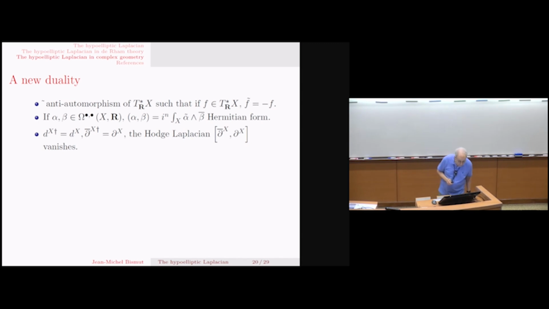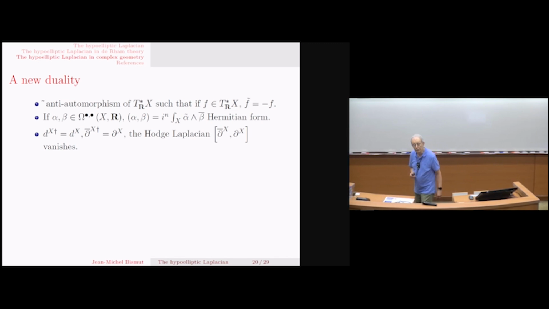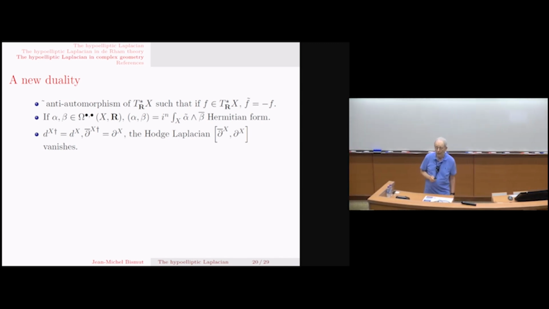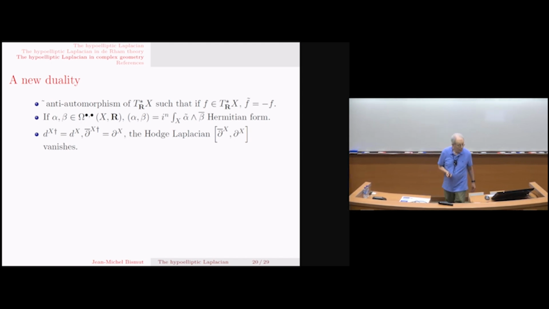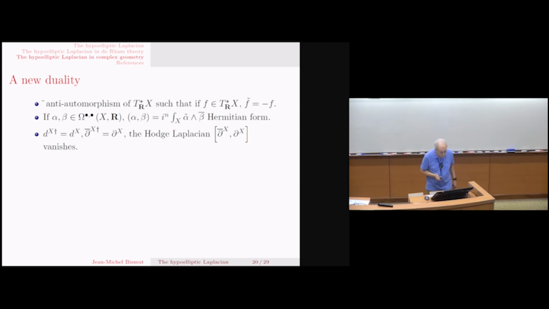So if I try to compute the adjoint of the de Rham operator with respect to this Hermitian form, what you find is that the de Rham operator is self-adjoint. The adjoint of the d bar operator is just the d operator, and the adjoint of the d operator is the d bar operator.